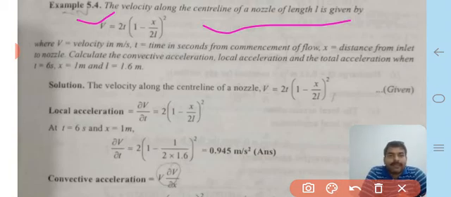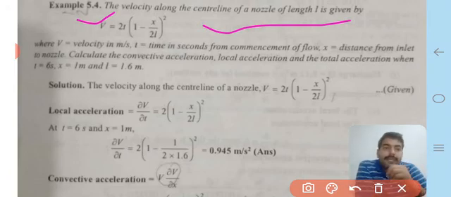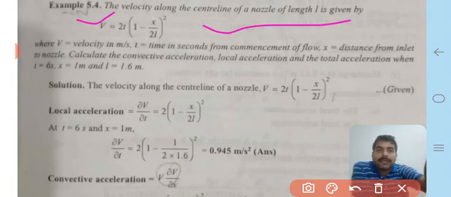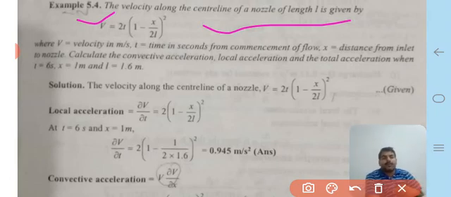Here capital V is the velocity in meter per second, which is given in the question, t is the time in seconds from the commencement of flow, and x is the distance from the inlet of the nozzle.